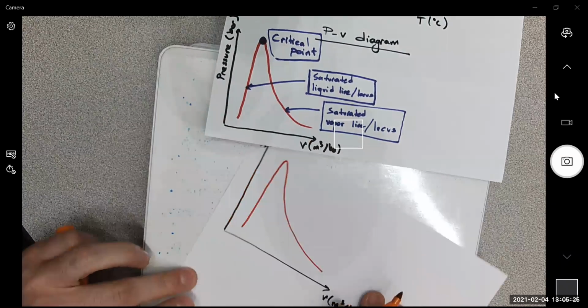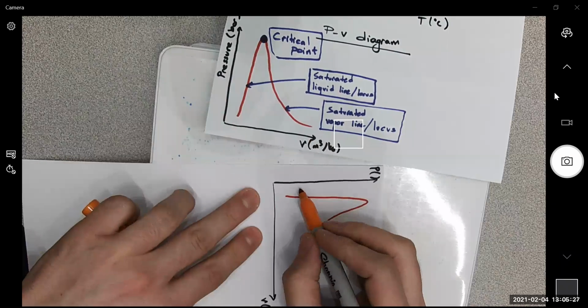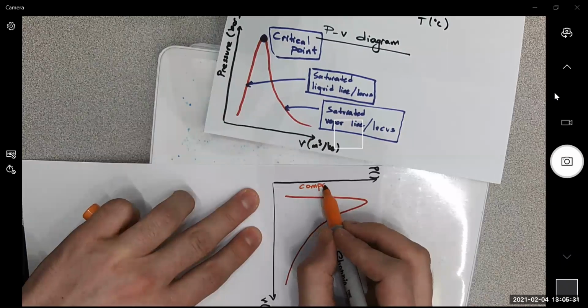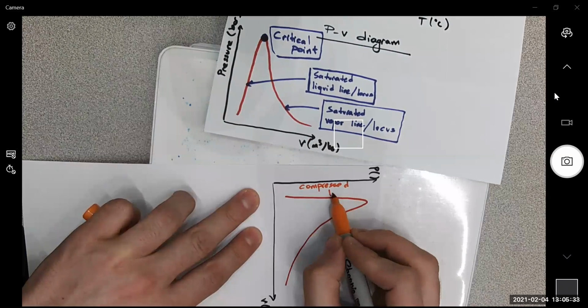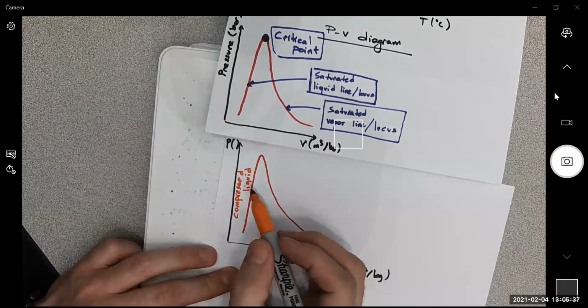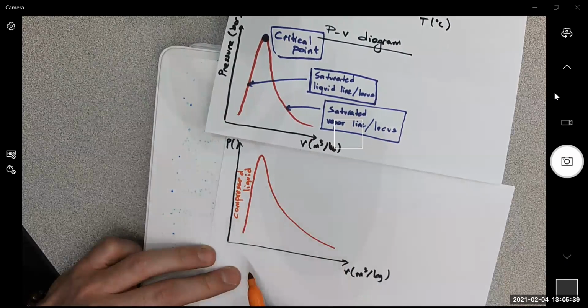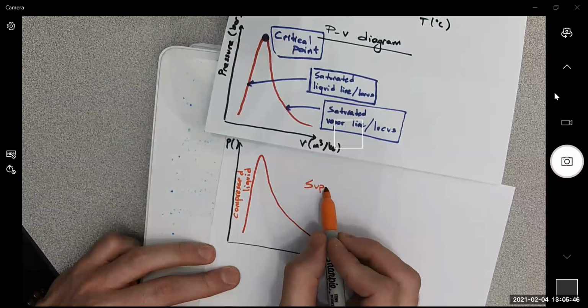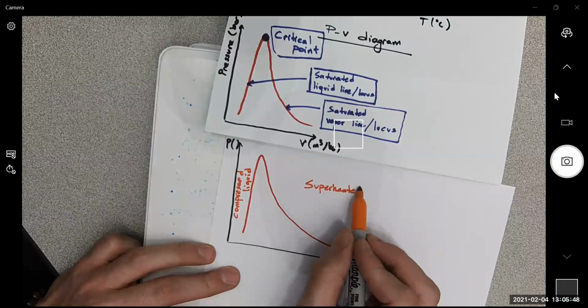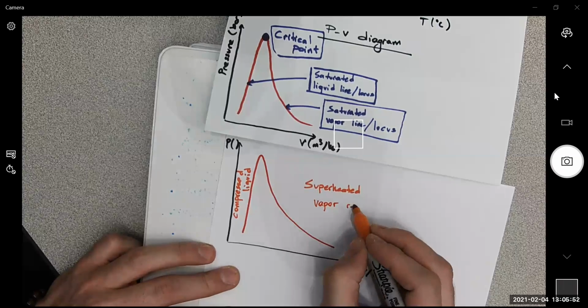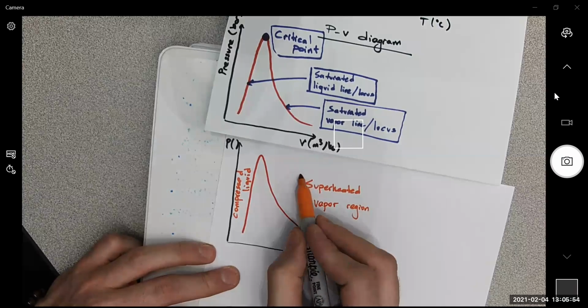The left-hand side of the saturation curve is called the compressed liquid region. The right-hand side is called the superheated vapor region.